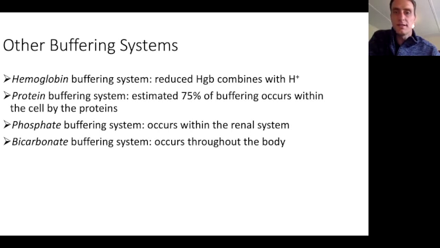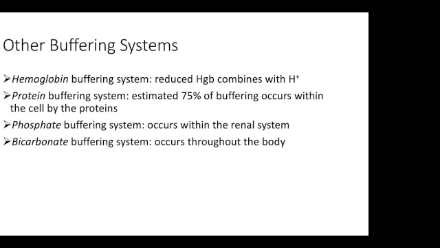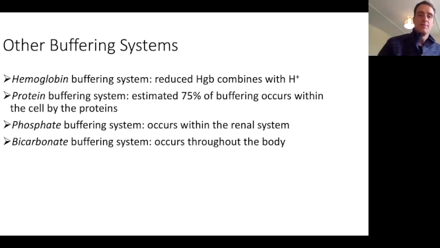The hemoglobin buffering system uses hemoglobin to combine with hydrogen ions and affect the pH. There's a protein buffering system occurring within cells, which accounts for a large amount of acid-base balance, but not something that we measure directly. Phosphate and bicarbonate, as we've already talked about, are other systems that are important.